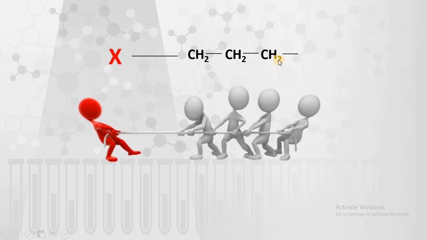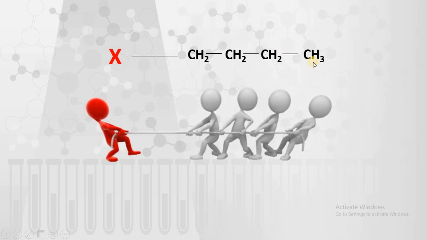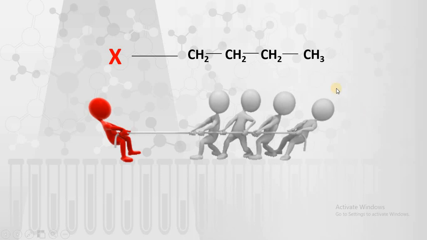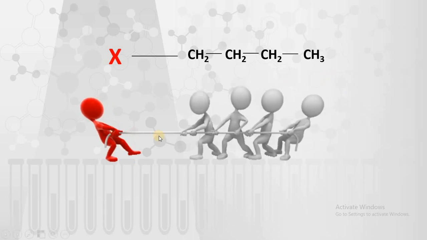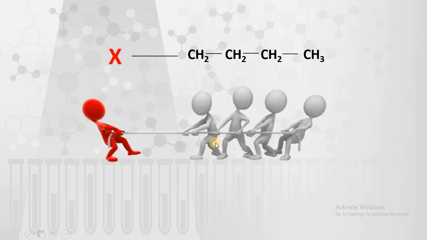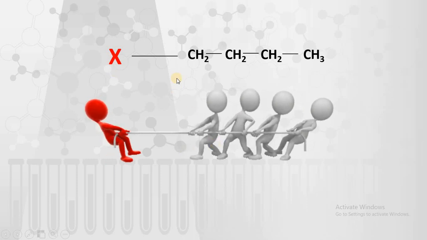This effect is observed again in the next bond, and again in the next, up to a certain limit. This can be explained with the help of this tug of war. This is the inductive effect.